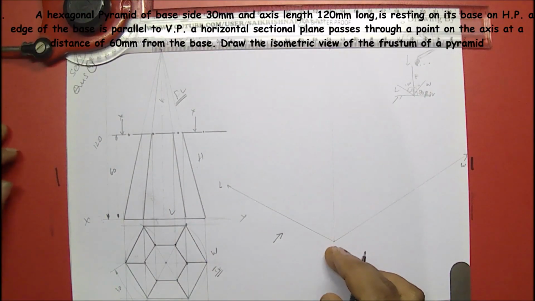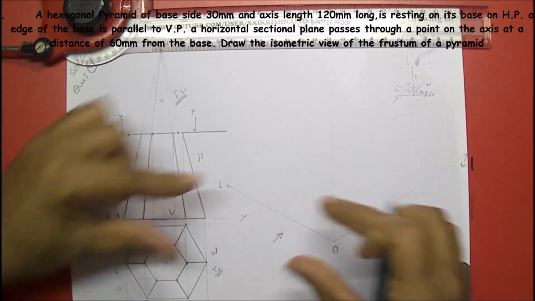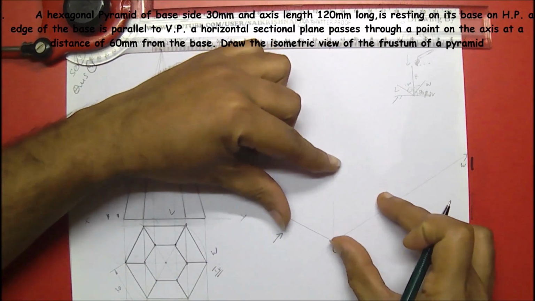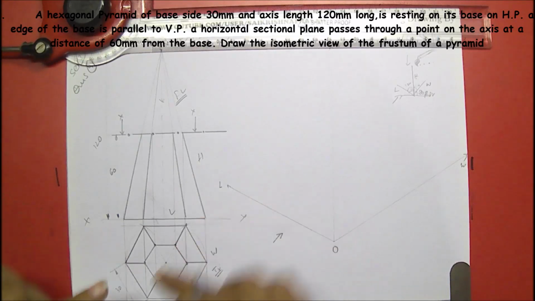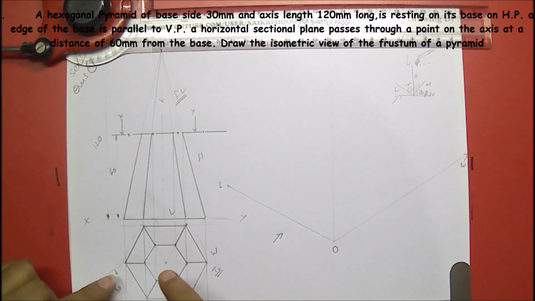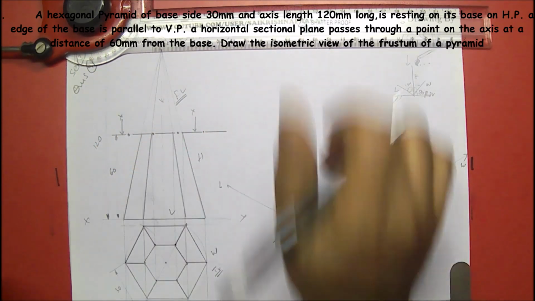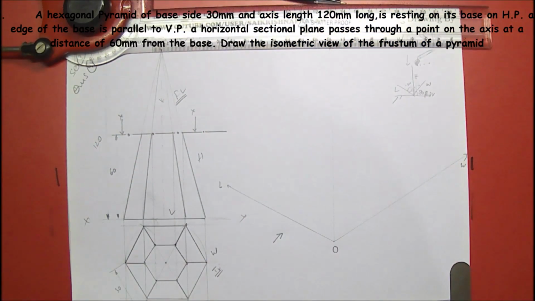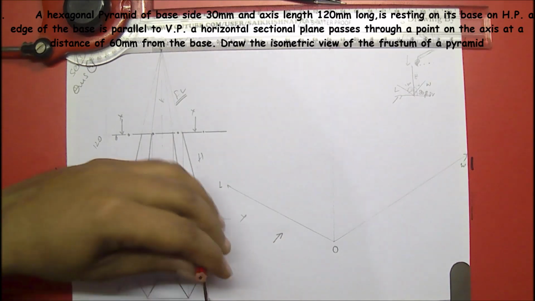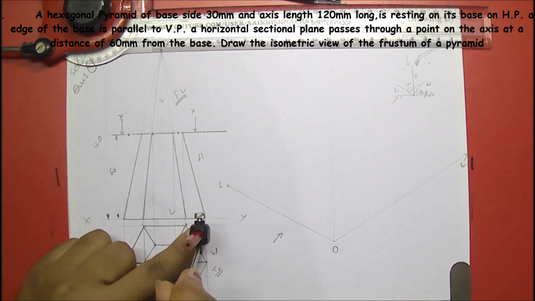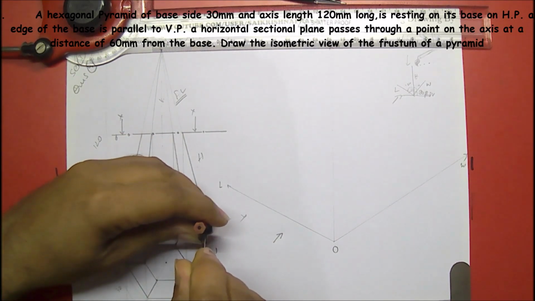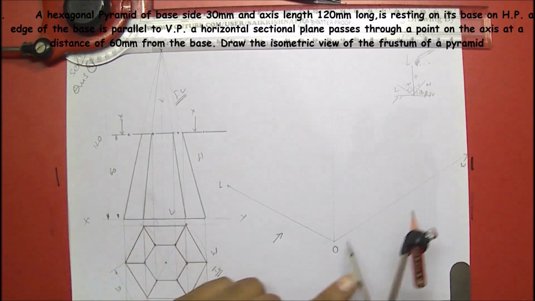Now keeping onto this, we can draw this box easily onto this isometric projection. Means drawing the rectangular plane or rectangular lamina or plate onto the isometric would be very easy. So for this, simply measure this O and this corner point, because this is on width, I have to place on width.